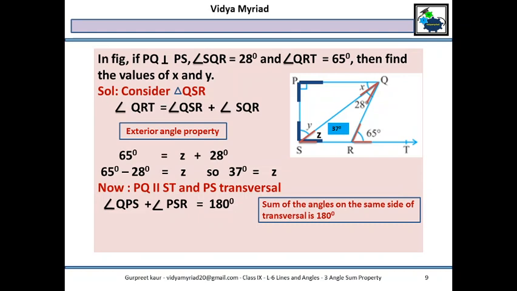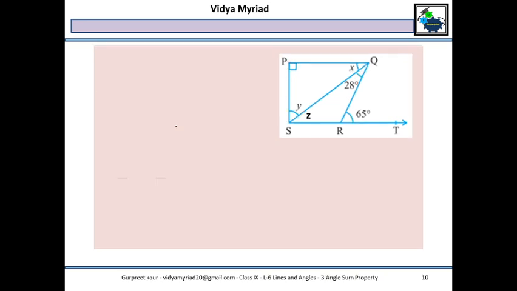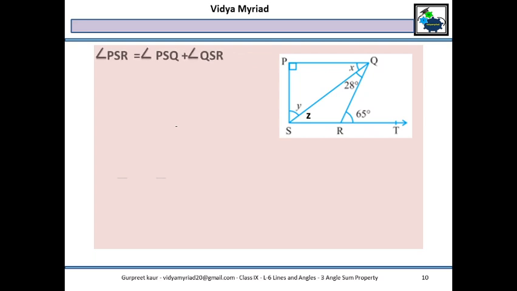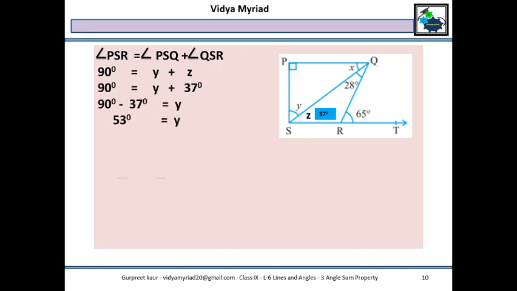But I know that one angle is 90 degrees, so I can easily find angle PSR. So PSR also comes to 90 degrees. Now angle PSR is made up of two angles, Y plus Z, and I already know Z, so I can find Y. Y is equal to 53 degrees, that is 90 minus 37.